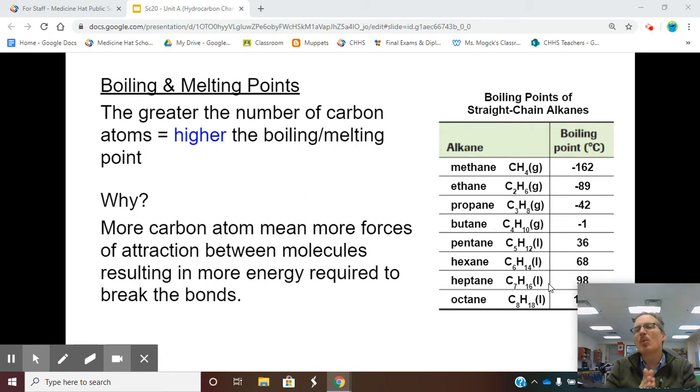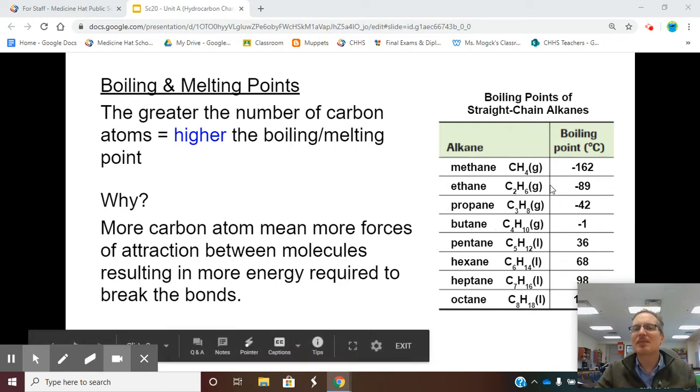And it's going to take more energy, because that's what a boiling point is, it's energy, more energy to break those bonds so they get far enough away from each other that these liquids can turn into a gas. So the bigger the molecule, the heavier the molecule, the more mass the molecule, the more energy it's going to require to break those connections between molecules. Therefore, it's going to have a higher boiling point, or by extension, a higher melting point.